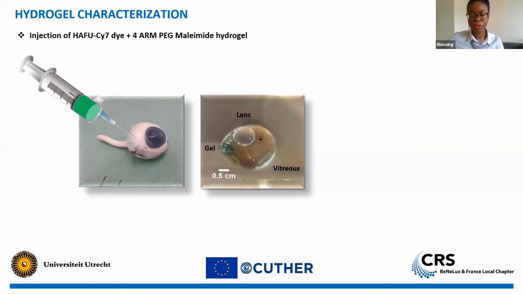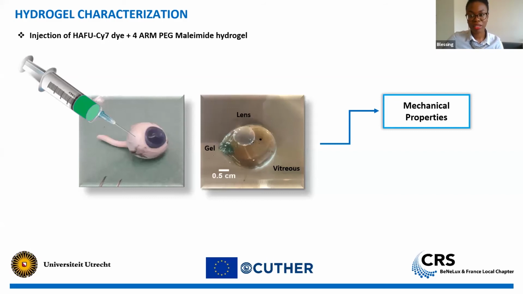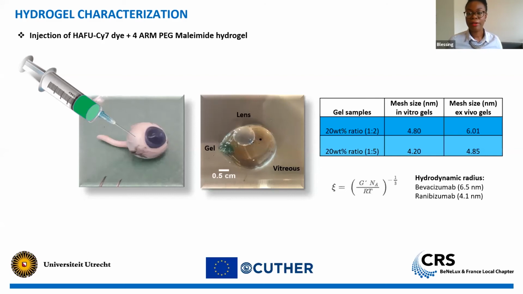Looking at the mechanical properties allowed us to calculate, from the elastic modulus, the pores that are present inside this hydrogel, and then compare it with what we do in vitro. This is really necessary because then we could see if we are within the range of pores that will allow the release of our proteins.